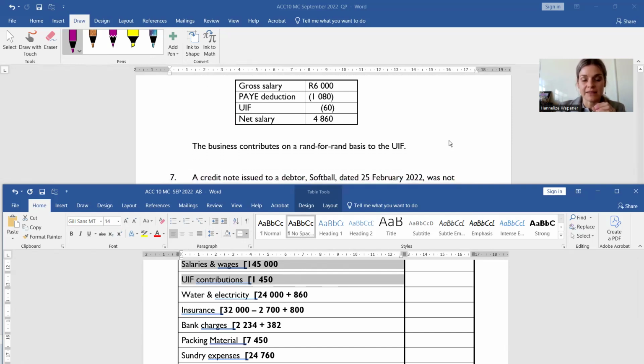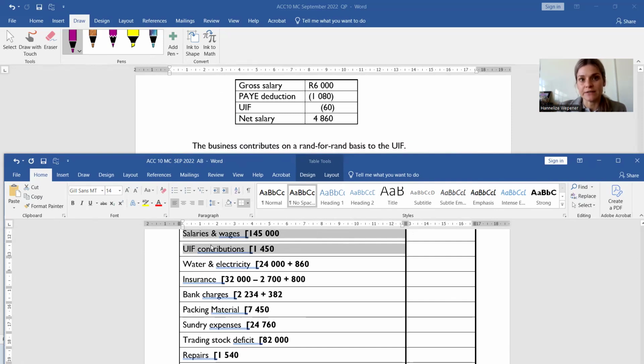You must remember that we always show the gross salary or the gross wage in the salaries and wages expense. Okay, so it's always the gross. Don't get confused by us now giving you the net salary and all of that. You only want to see your gross salary in the expense.